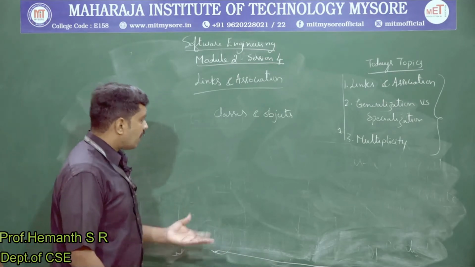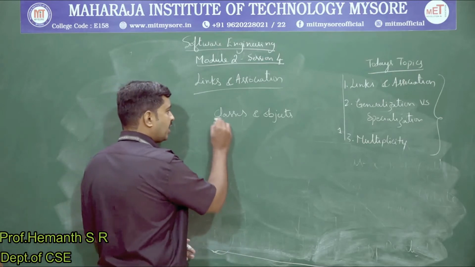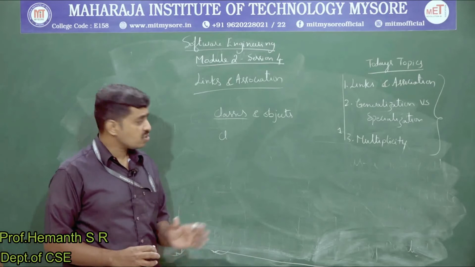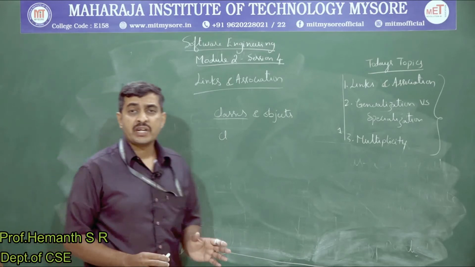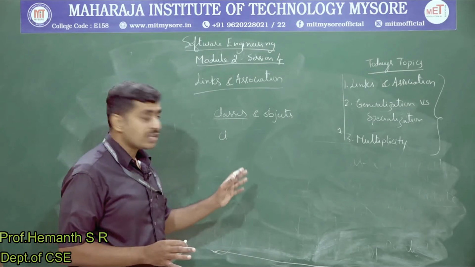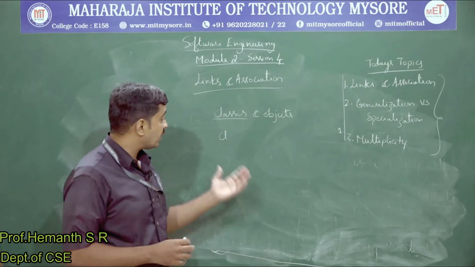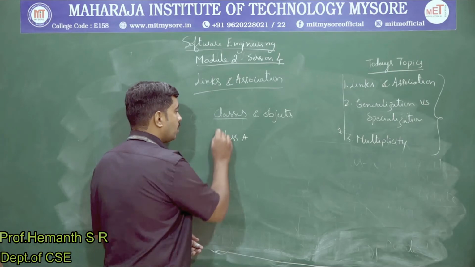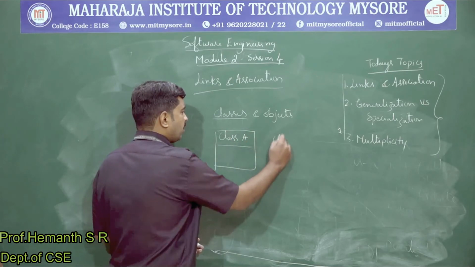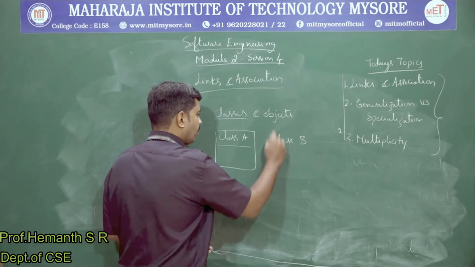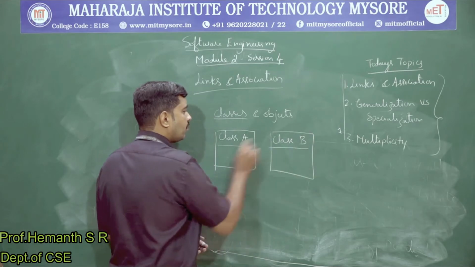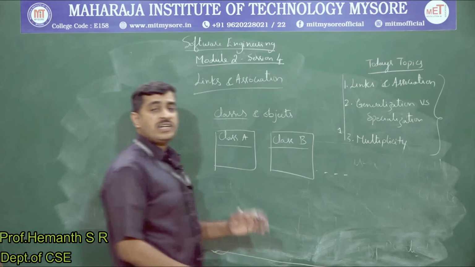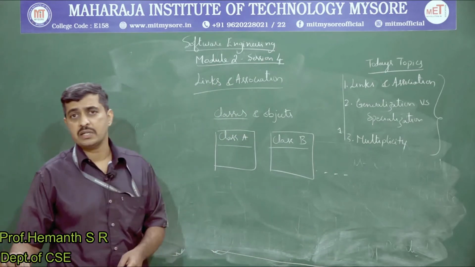Now, I have a set of classes. It is not like only one class will be there in a specific design. We understood software engineering is dealing with software which is complex, meaning that there will be hundreds of classes. For example, class A, class B. Like this, we can have hundreds of classes as part of a complex design.